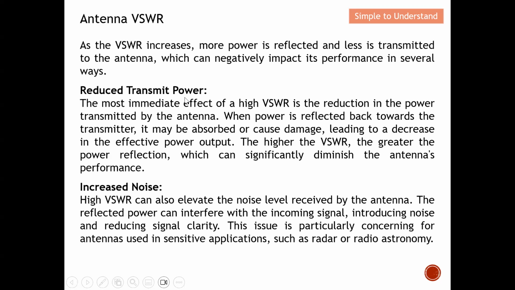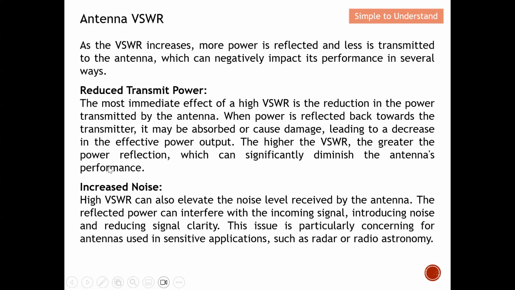The most immediate effect of a high VSWR is the reduction in the power transmitted by the antenna. When power is reflected back towards the transmitter, it may be absorbed or cause damage, leading to a decrease in the effective power output. The higher the VSWR, the greater the power reflection, which can significantly diminish the antenna performance.